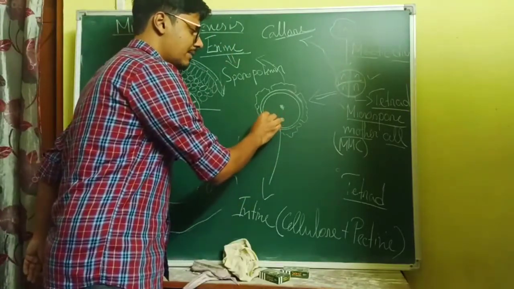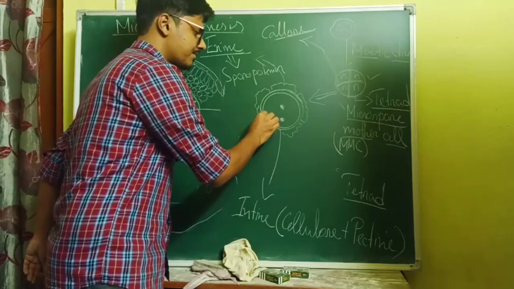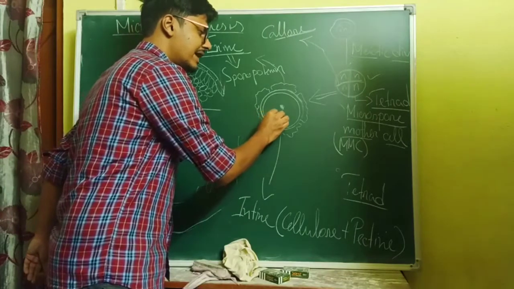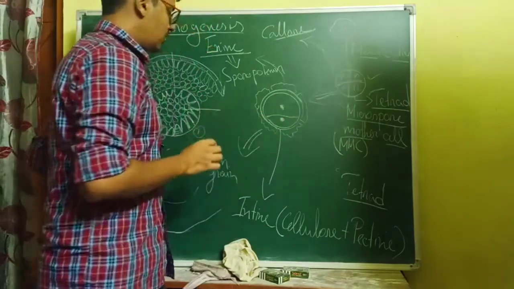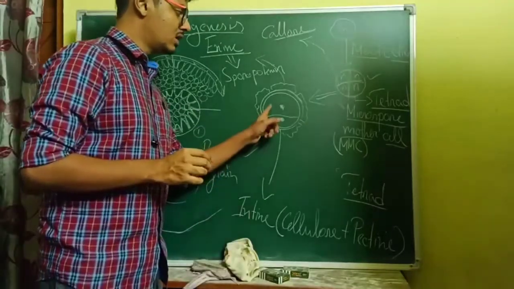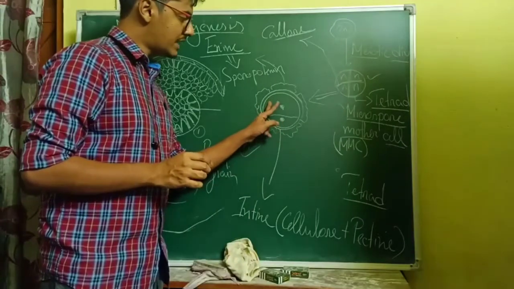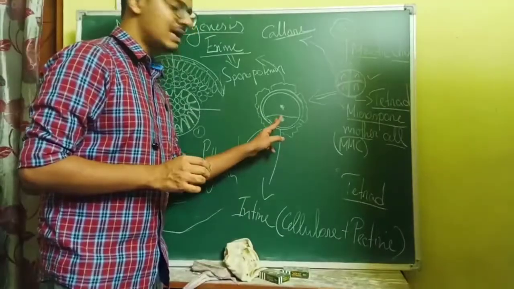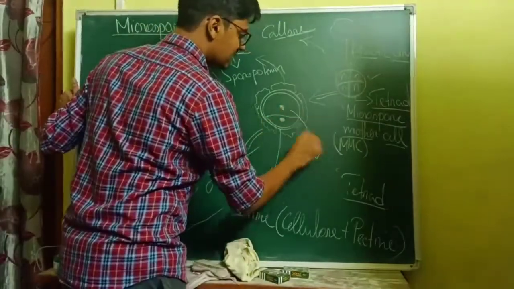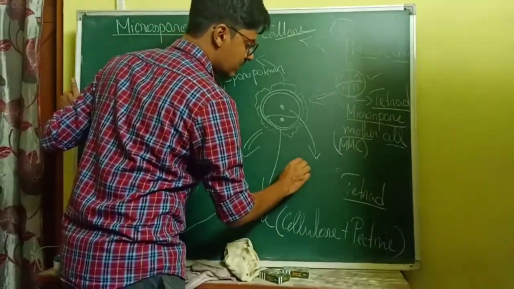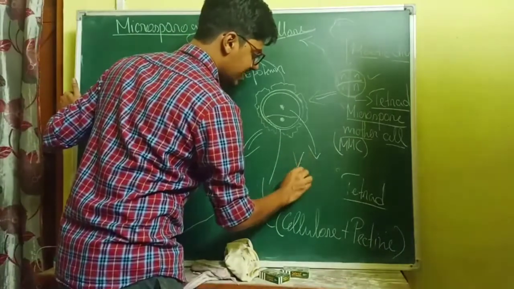Now after this what happens? The cytoplasm also divides, and the cytoplasmic division is not equal. Here you can see more cytoplasmic part, here less. The cell with more cytoplasm, the top one, is known as the vegetative cell.